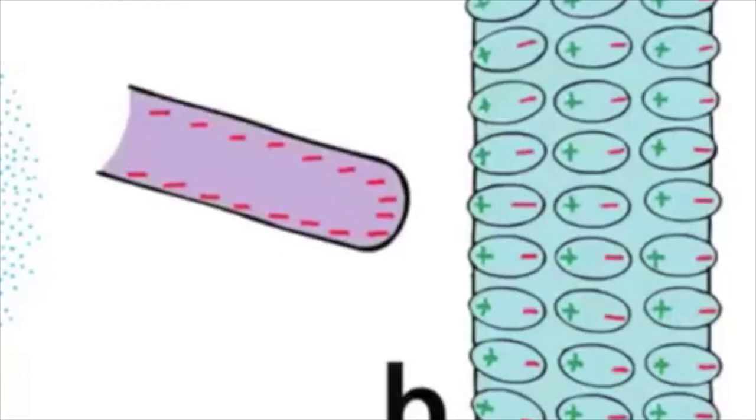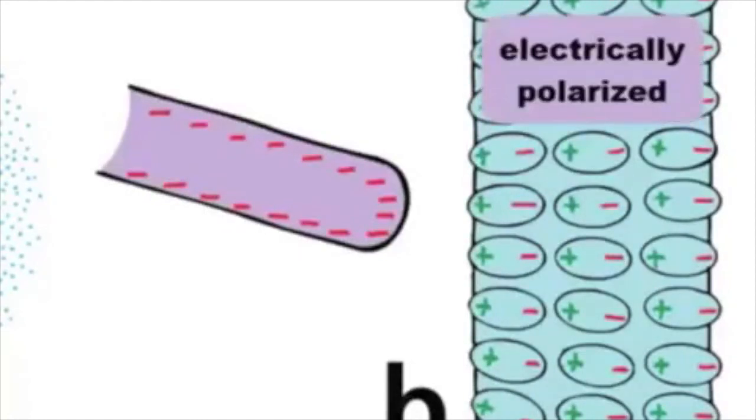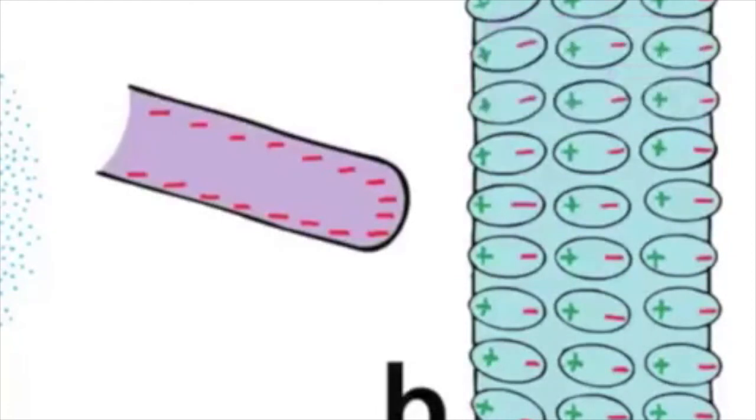One side of the atom or molecule is induced to be slightly more positive or negative than the opposite side. The atom or molecule is said to be electrically polarized. When an external negative charge is brought closer from the left, the charges within a neutral atom or molecule rearrange. All the atoms or molecules near the surface of the insulator become electrically polarized.